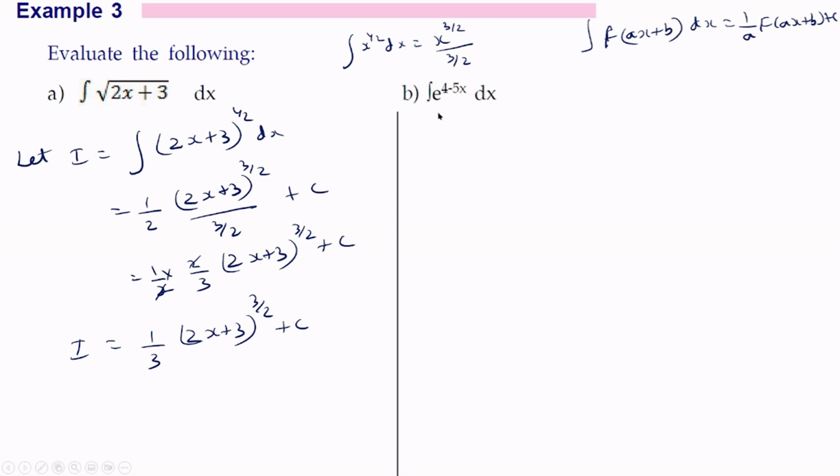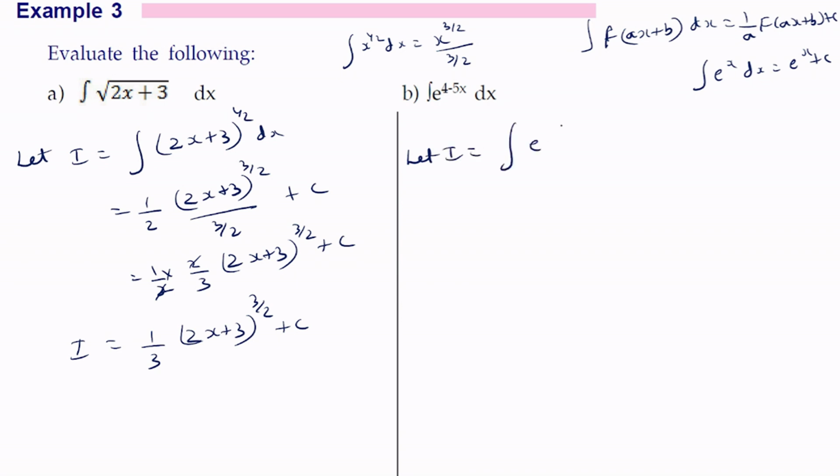Next we have integral e raised to 4 minus 5x dx. Now we know integral e raised to x dx is e raised to x plus c. Here in place of x we are having 4 minus 5x, so we have to divide by the coefficient of x, which is minus 5.